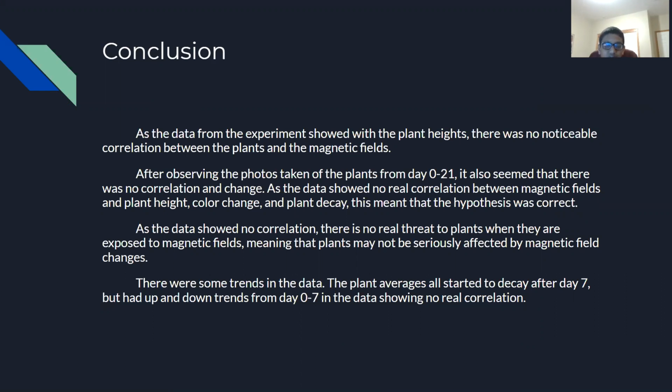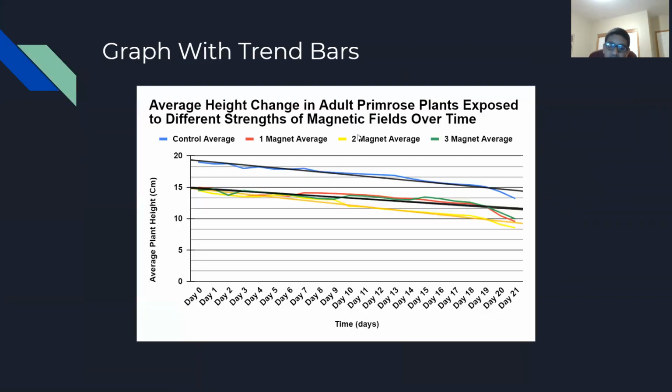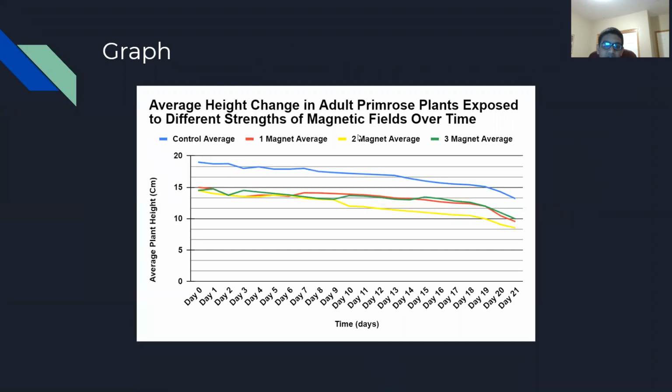As the data showed no correlation, there is no real threat to plants when they are exposed to magnetic fields, meaning that plants may not be seriously affected by magnetic fields. There were some trends in the data I'll show you in the graph, but they're not really that noticeable, and they just follow the same random, no correlation that each plant was following.